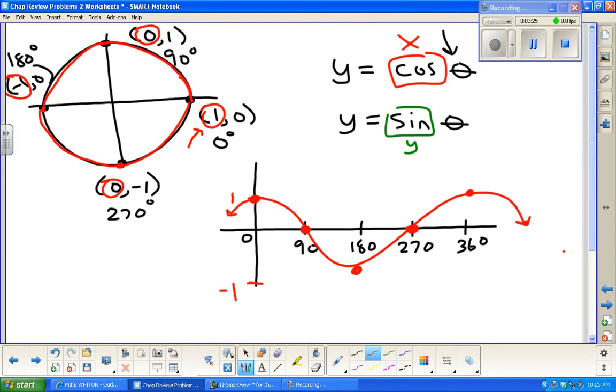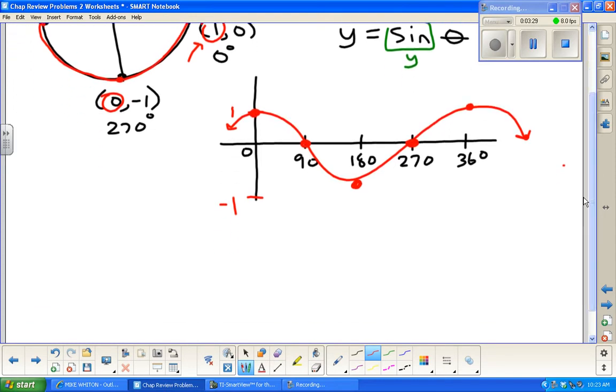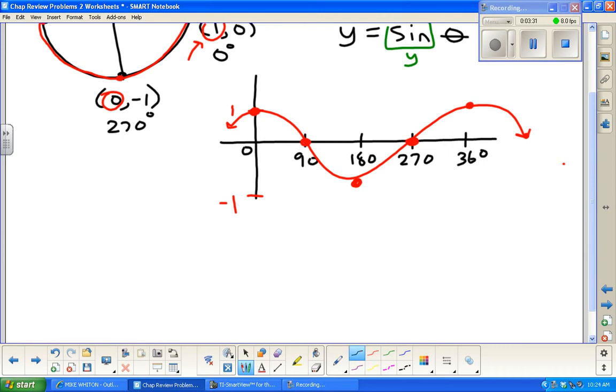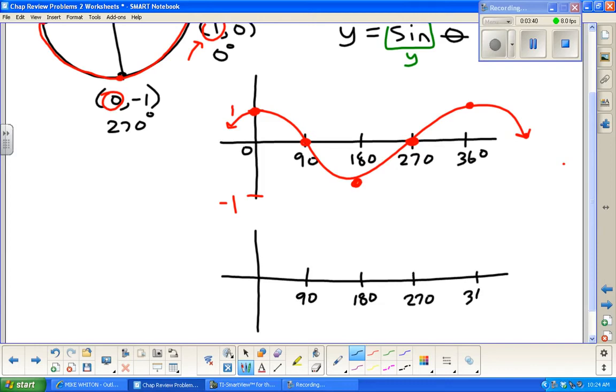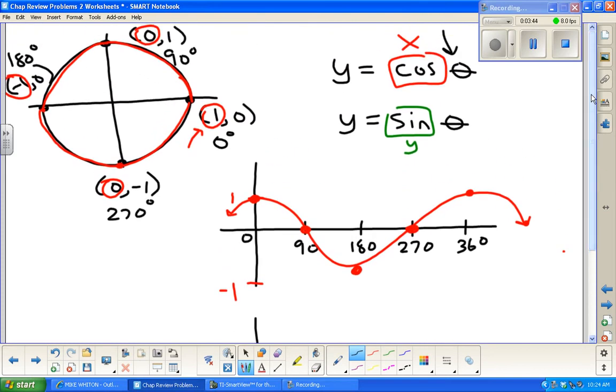Then we could follow the same kind of pattern. I'm not going to do all the details, but for a sine curve, doing the exact same setup, we use the same x values. Again, the angles are still 90, 180, 270, and 360. If you worked your way around the circle and just focused on y values now, you could get the basic sine shape.